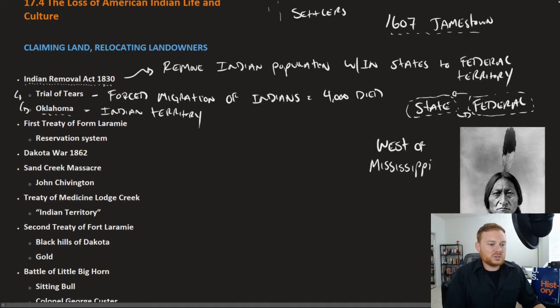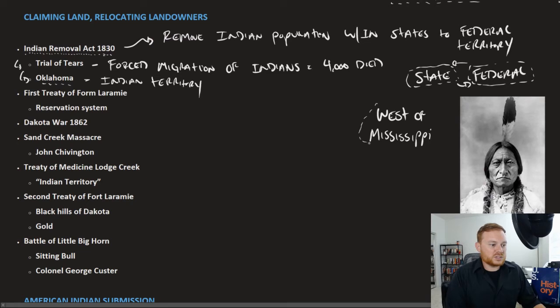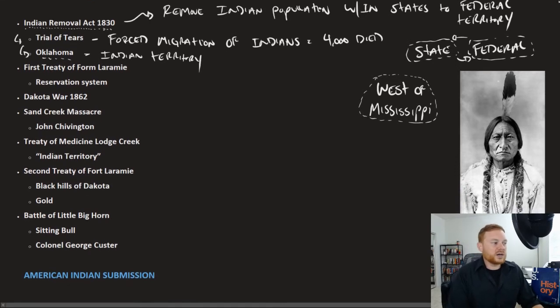And in regards to Native Americans who lived west of the Mississippi, the Indian Removal Act didn't necessarily apply to them. Instead, there was a reservation type system, and this only compounded as more and more settlers increasingly moved west of the Mississippi River. This was put forward by the first Treaty of Fort Laramie.